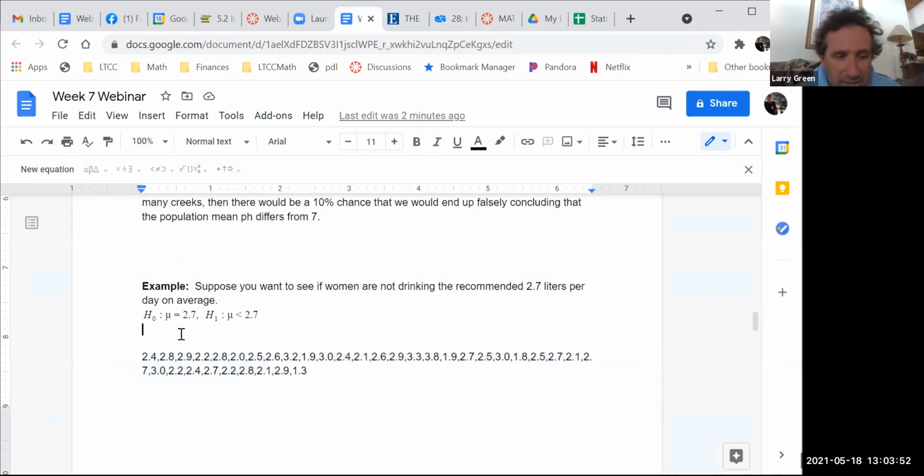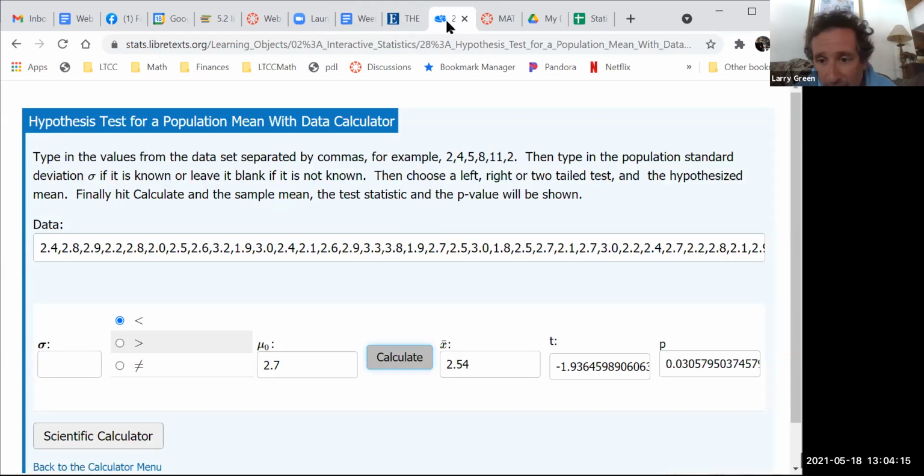So suppose we decided on a 0.01 level of significance. Well, our p-value was equal to about 0.03. That's over here.